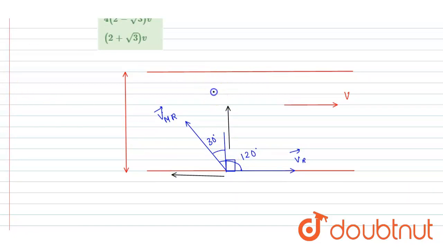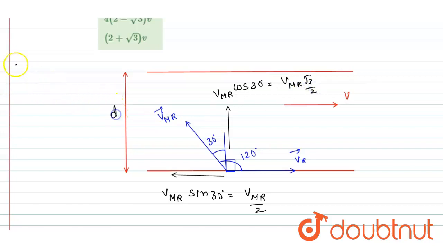So I will write this is VMR cos 30 and this is VMR sine 30. So sine 30 is like this, cos 30 is root 3 by 2.